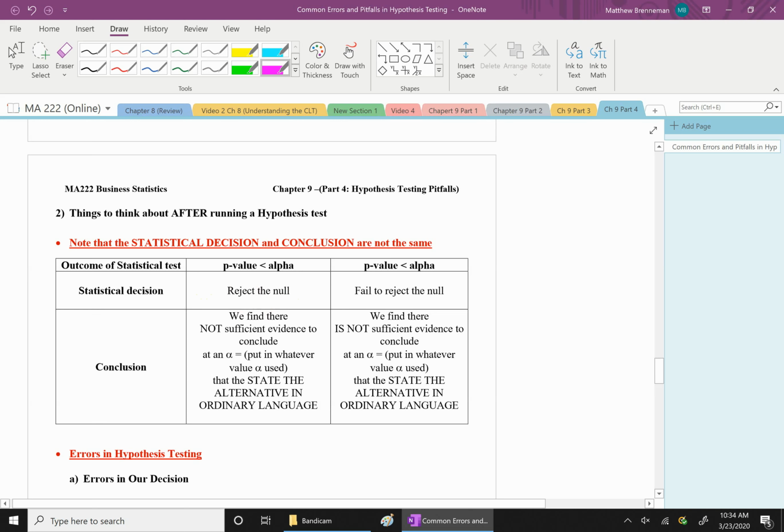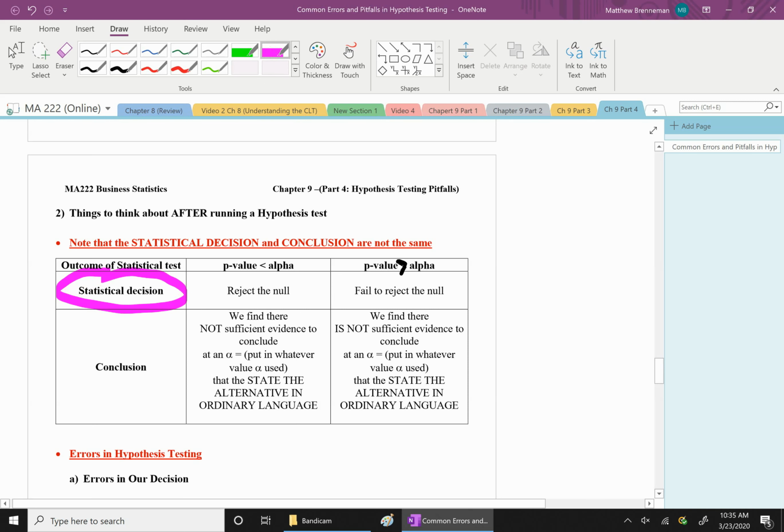We flip to the other side. When the p-value is greater than alpha, we say there's some evidence, but it's not too unlikely to have occurred, and we fail to reject. That's the statistical decision.